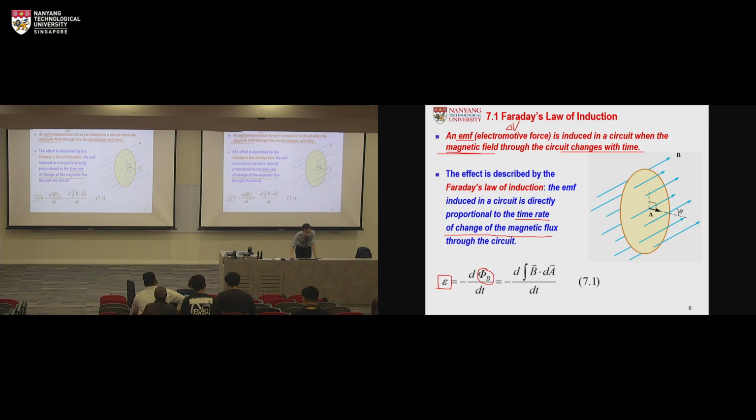And of course, this phi b, the magnetic flux, is how you determine the magnetic flux for any surface, right? And if you still remember, if we do this integration for a closed surface, what would be the result?